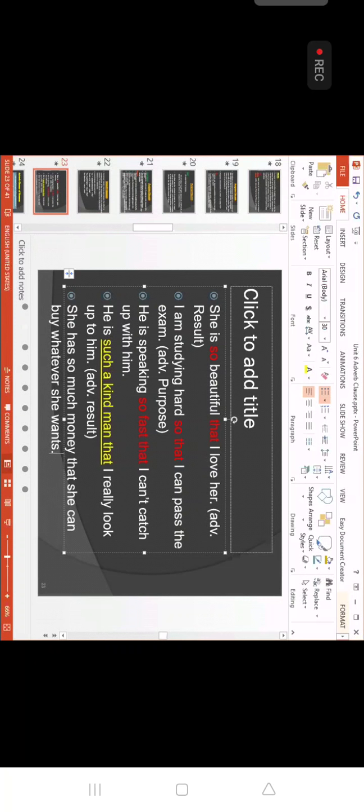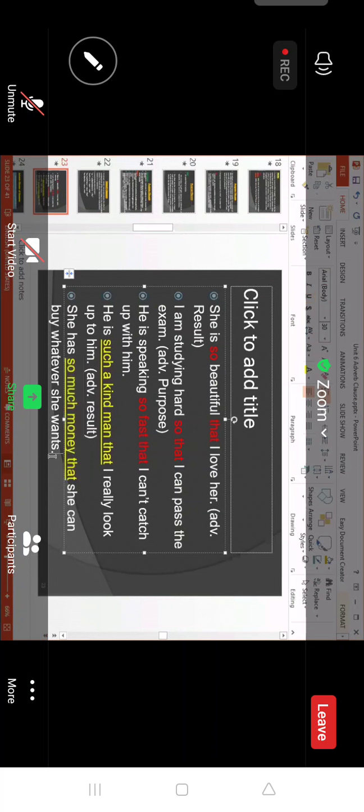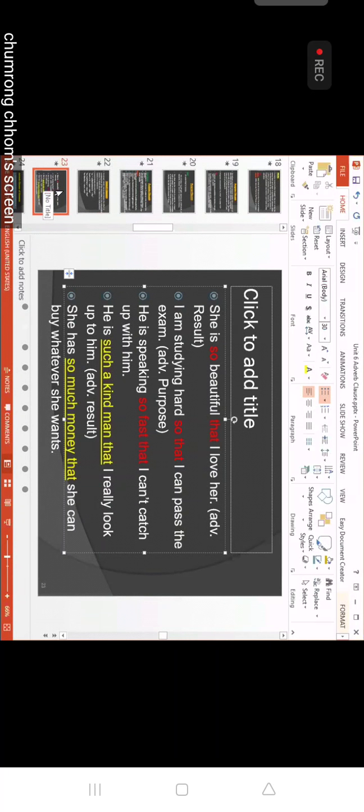Example. So in this one you can see so plus much money plus that. This is adverb of result, yeah, adverb of result. So this is what you have to understand about adverb of result. Okay, this is what I want you to understand.